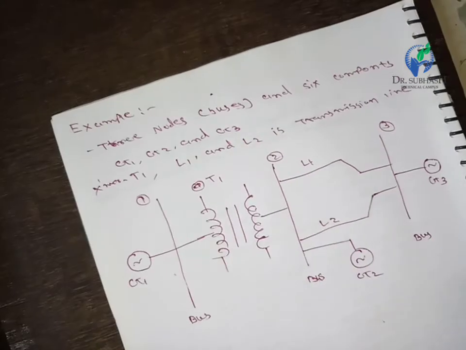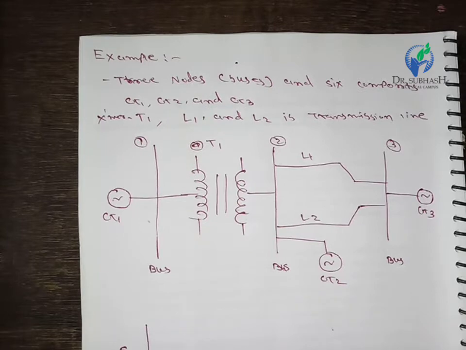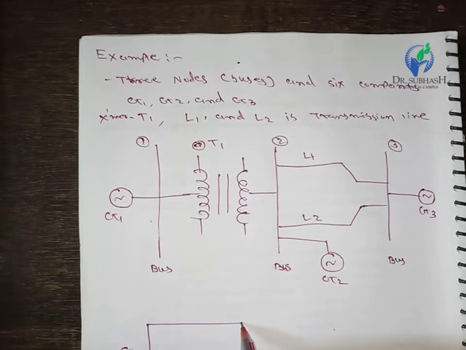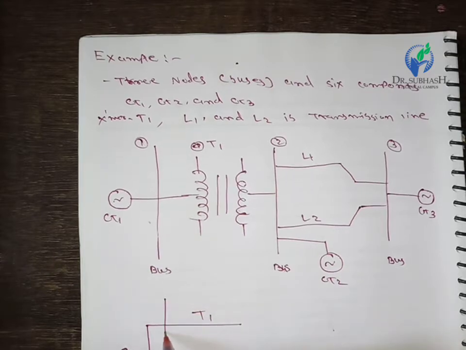Now we draw the graph network of this system. First of all, we draw the generator line G1. Then we draw the transformer line, known as T1. Here we take a point as number 1, known as bus number 1.